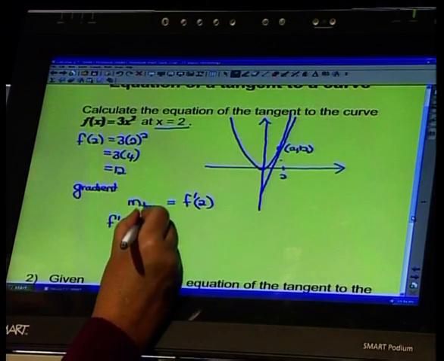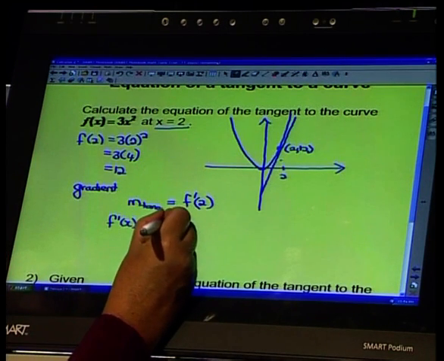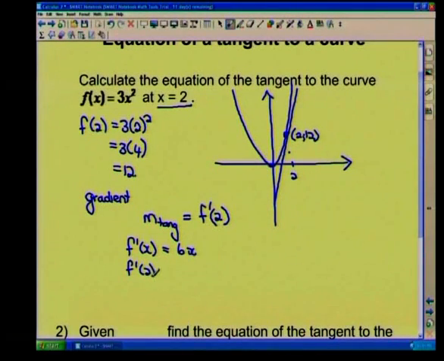I can find the derivative very easily. It's going to equal 2 times that, which is 6x. Now f dashed of 2 is going to be 6 times 2, which is 12. So therefore, the gradient of the tangent is equal to 12, plus we have the point (2, 12). I must say I didn't write that too nicely, so let's just write it nicely.